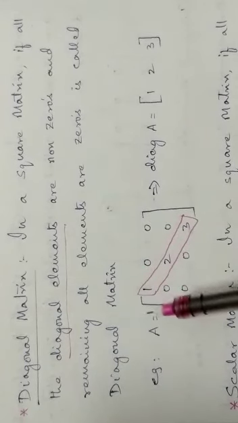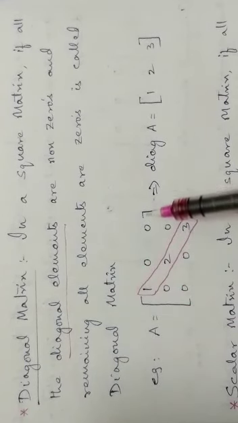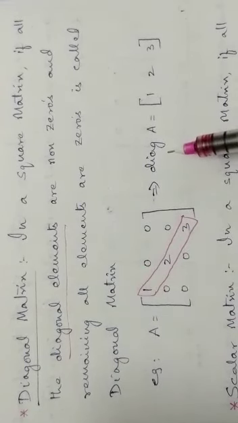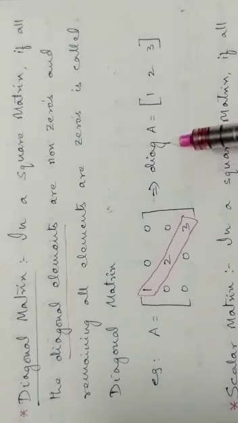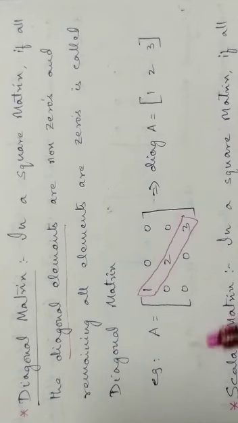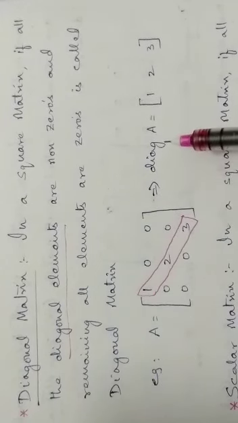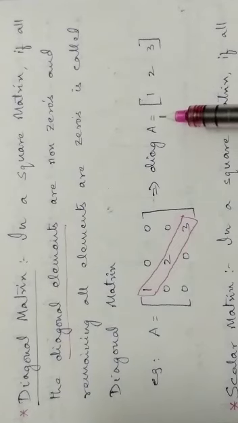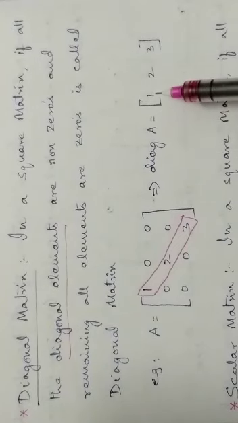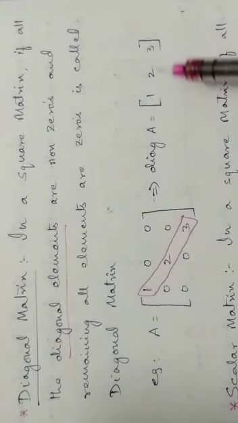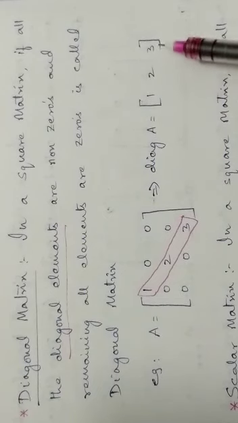Instead of writing the entire matrix, simply we can also write it as DIAG, the first 4 letters of diagonal. If the matrix is named as A, DIAG A equal to 1, 2, 3, means the diagonal elements.